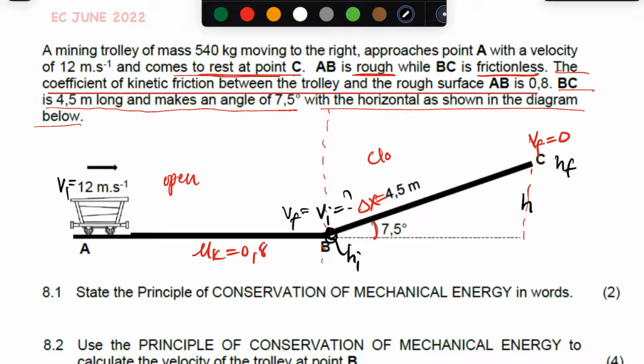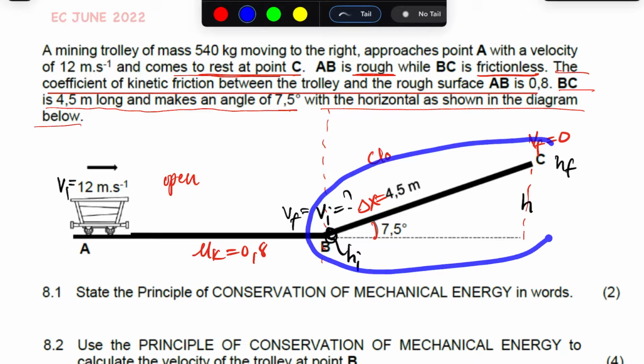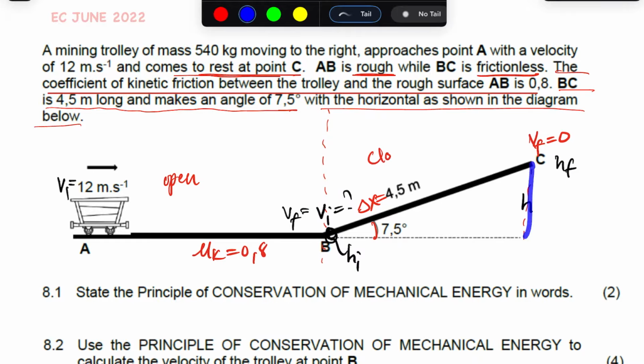One thing that I want us to look at before: in this system here, we are not given the height, we're given the angle and the displacement. We're given the hypotenuse and the opposite. So one of the trig ratios that we're going to use there is sine, which is opposite over hypotenuse.